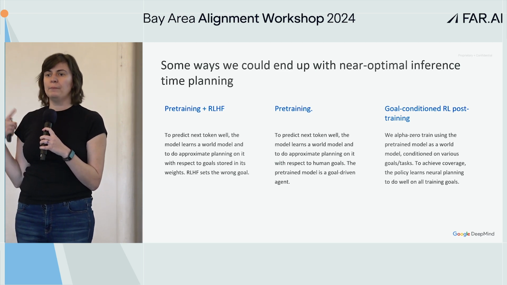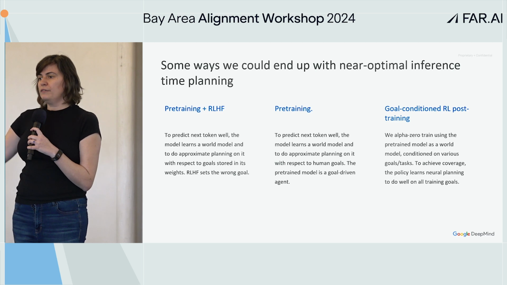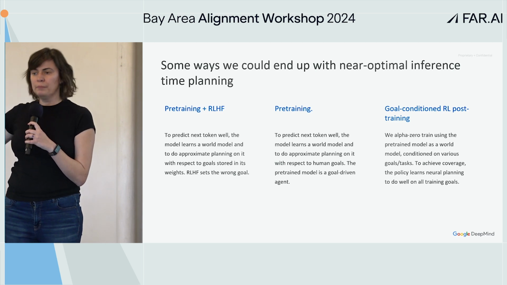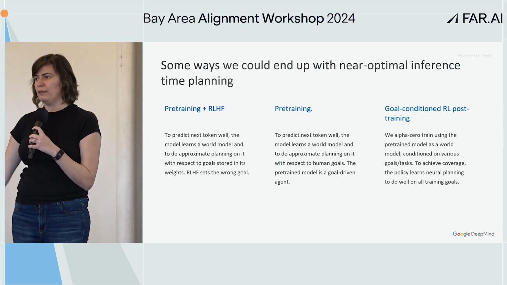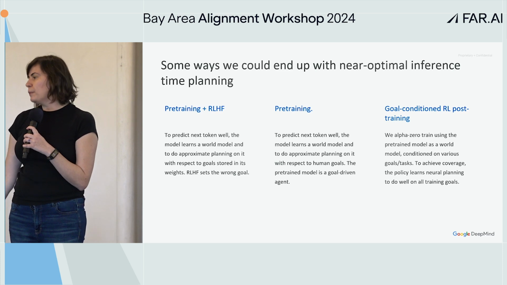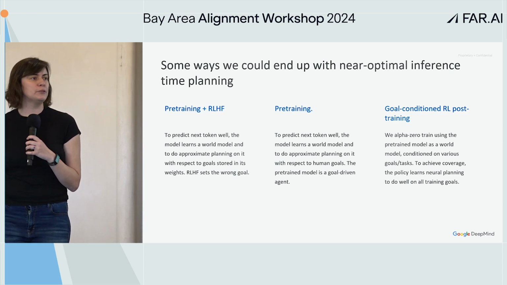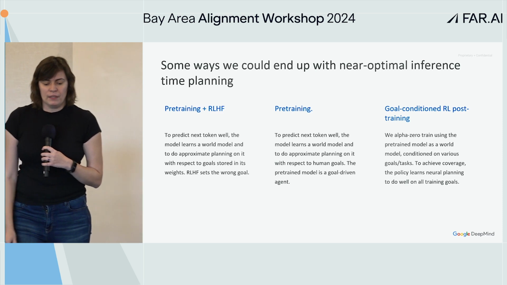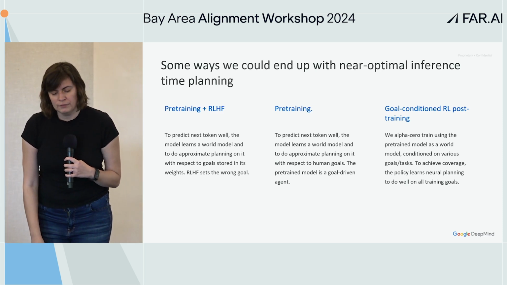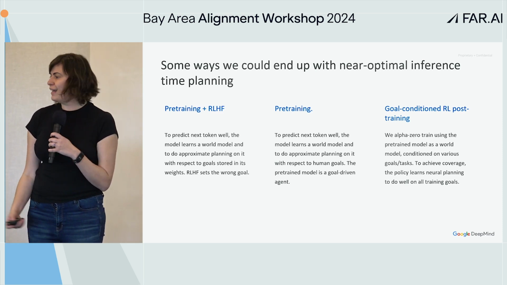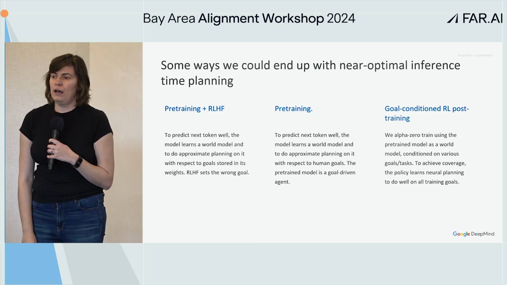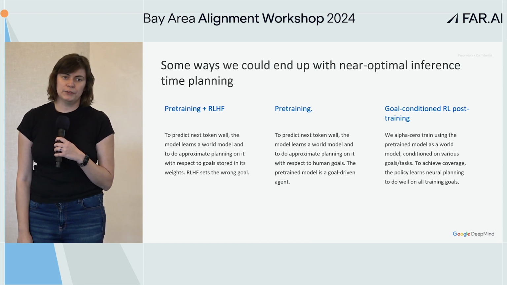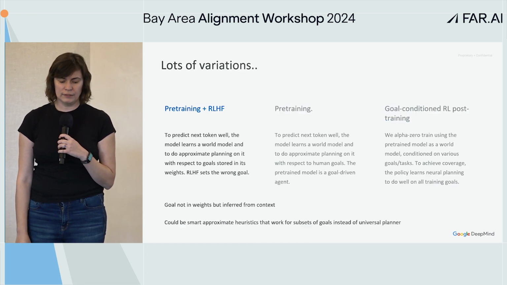When given a new goal, the policy itself can actually plan internally without MCTS. That's another possibility, right? So these are different ways in which you can end up with this capability that at inference time, the thing can actually figure out what to do to pursue goals in novel situations. I don't think it's exhaustive.